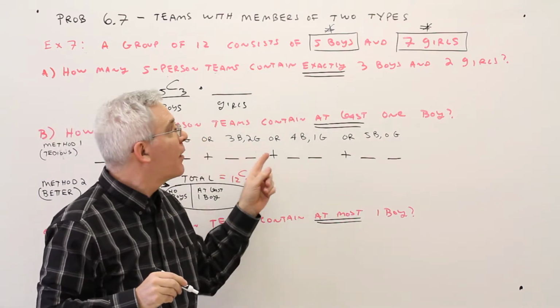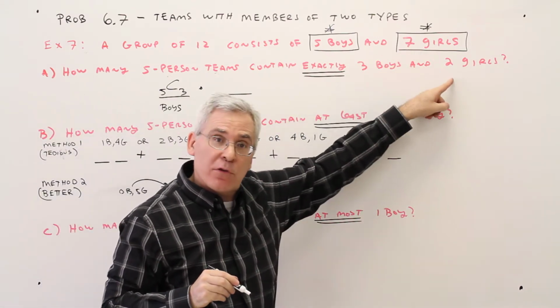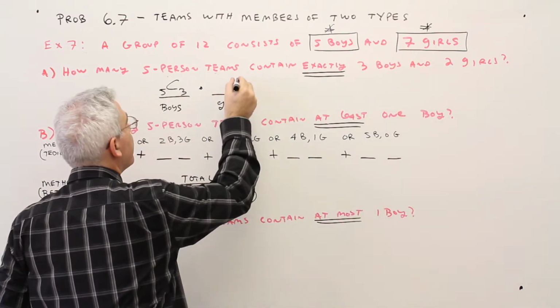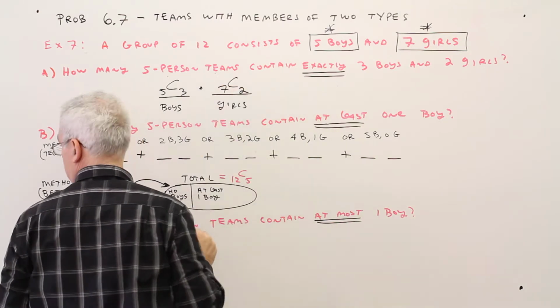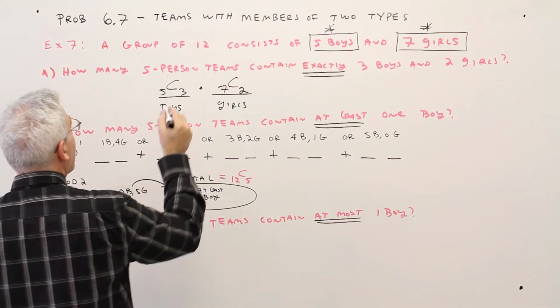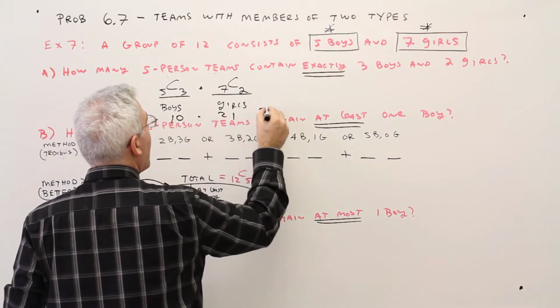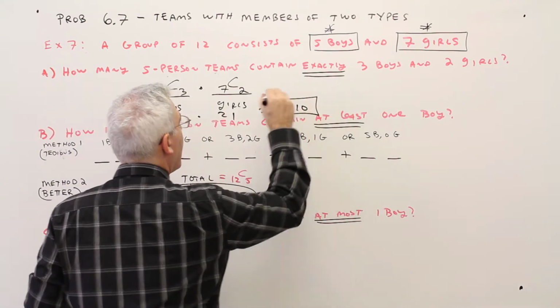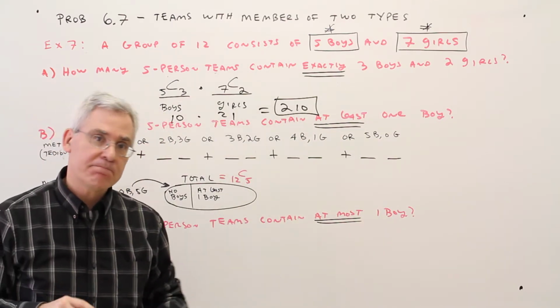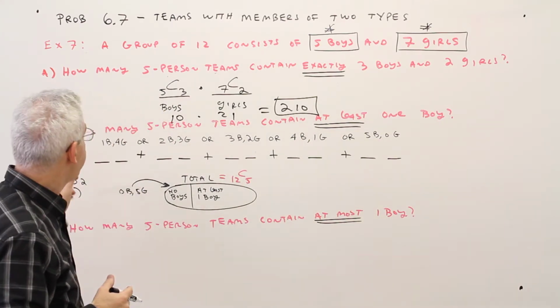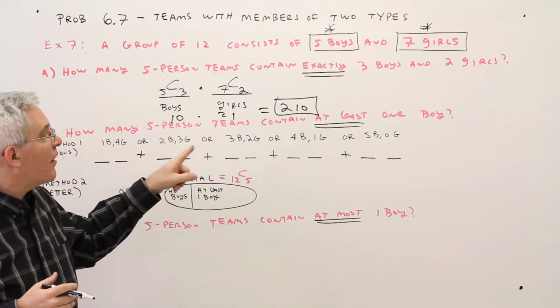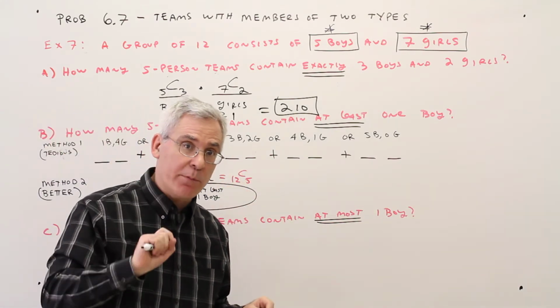For the girls, out of the 7 girls, choose exactly 2. If you work that out, this comes out to be 10 times 21, and you get 210 ways.